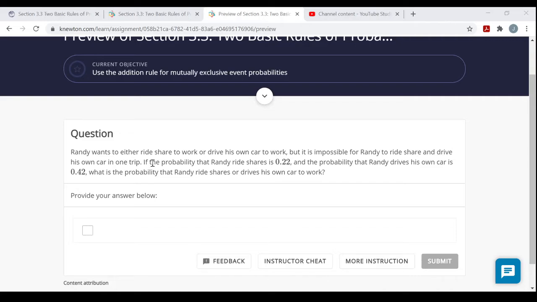So, if the probability that Randy ride shares is 22%, and the probability that Randy drives his own car is 42%, what is the probability that Randy ride shares or drives his own car to work? I'll write this out with letters. I know you can already probably tell what the answer is going to be.